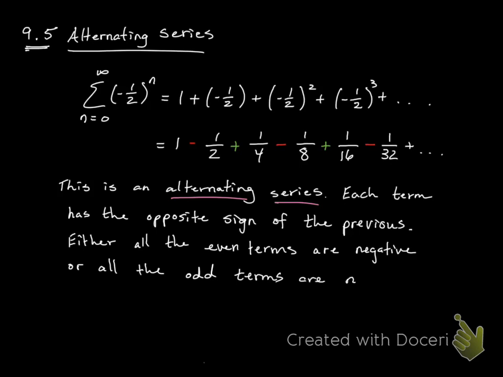And that's what it means to have an alternating series. Now there's a test that works specifically for these types of series. I don't have to do that test for this initial example because it's a geometric series. I know that criteria already. But let's write down that test here.